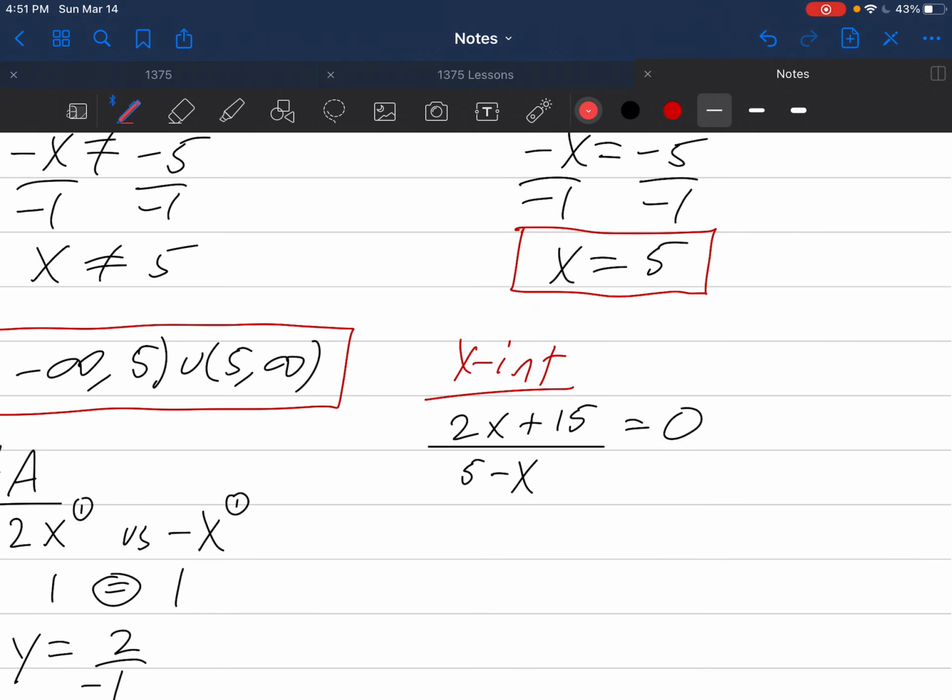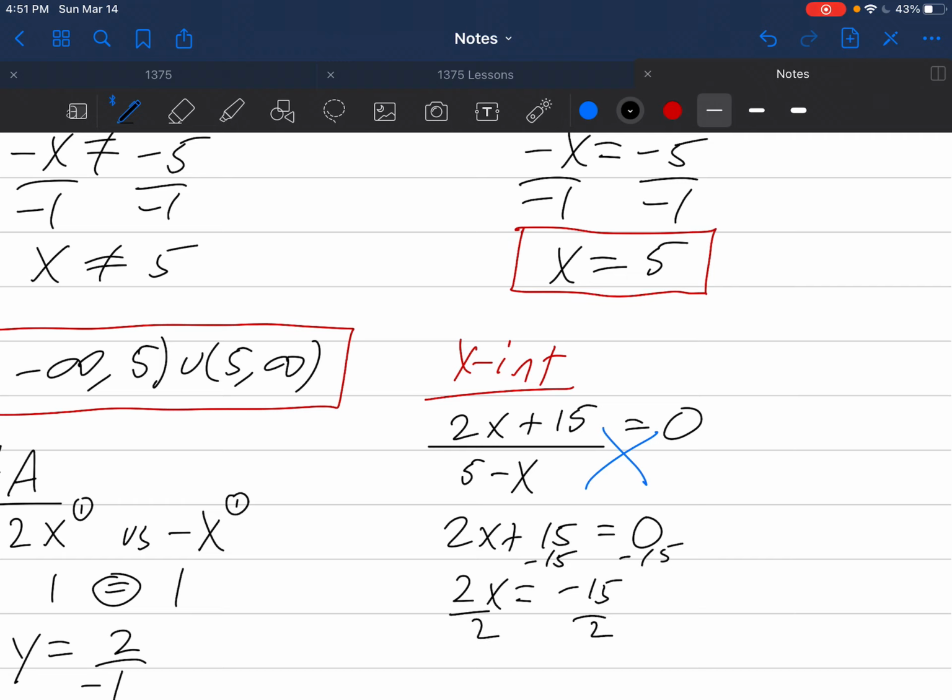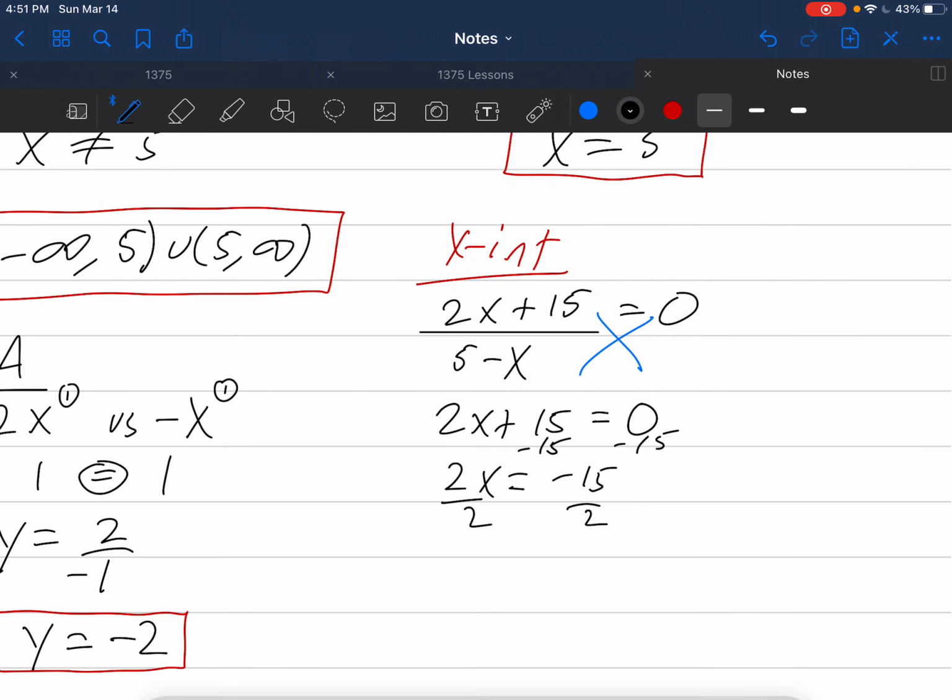We can solve this by cross-multiplying. 2x plus 15 times 1, 5 minus x times 0 is equal to 0. So now this is our equation to solve. 2x is equal to -15, after we subtract 15 from both sides. We can divide by 2, and we get x equals -15 over 2.